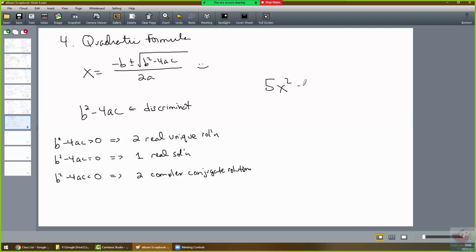So just making this up. We're not going to solve it. But here we got a to be 5, b to be negative 3, and c to be 7. So you would do b squared minus 4 times a times c.